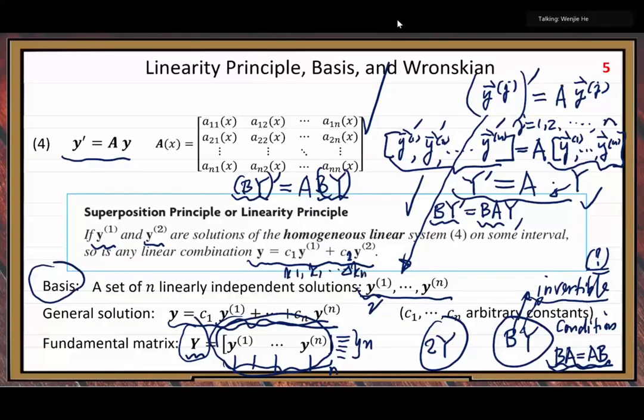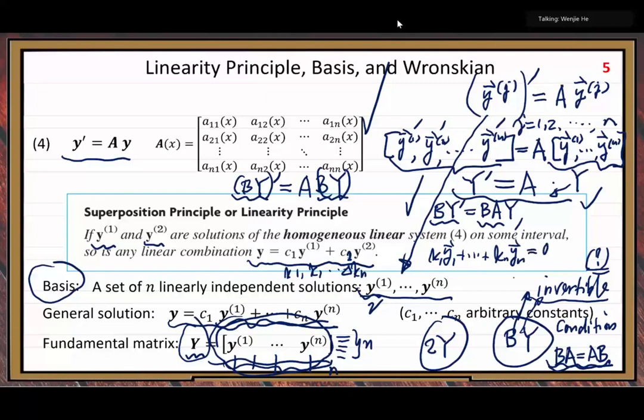If this capital Y matrix is not invertible, then you can find K1 through Kn such that K1 times the Y1 vector plus up to Kn times the Yn vector equals 0.